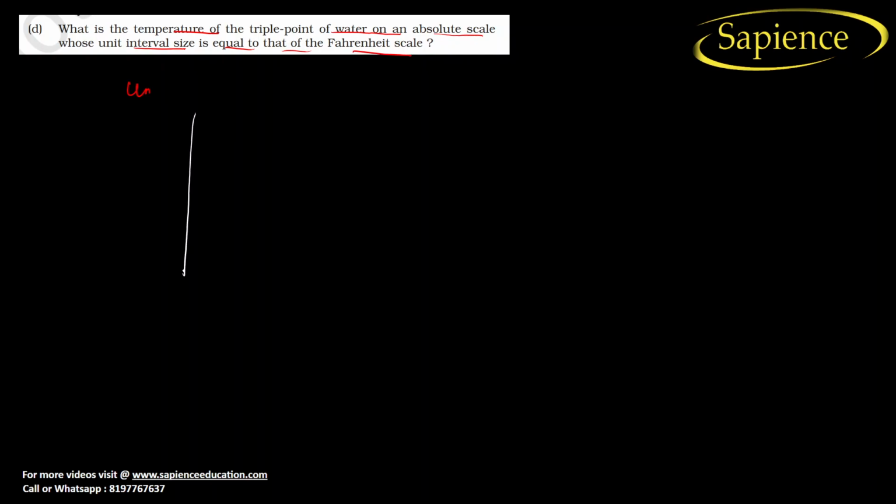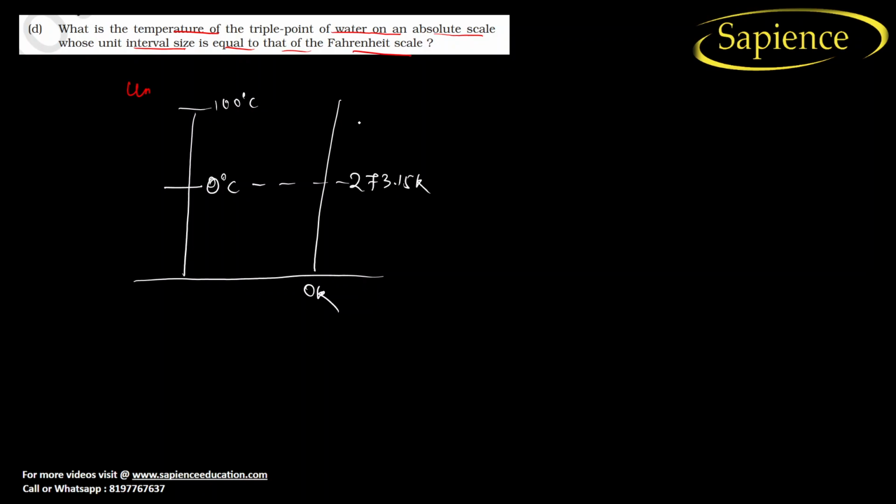Let us draw this scale. So this is 0 degree Celsius and this is 100 degree Celsius. But when we talk about the Kelvin scale, this is 0 Kelvin, but at the same time it is 273.15 Kelvin. Now we need to find the temperature such that the interval size is equal to the Fahrenheit scale.